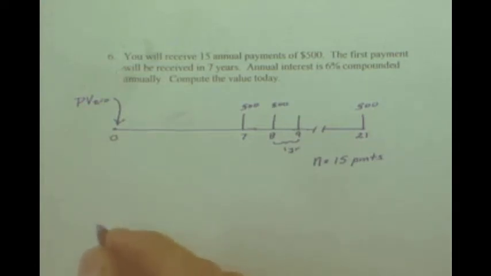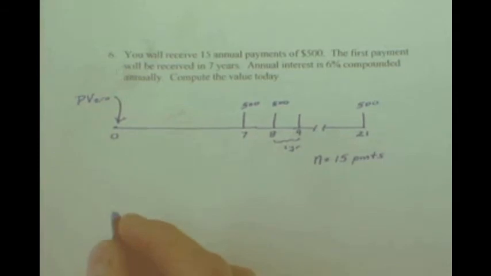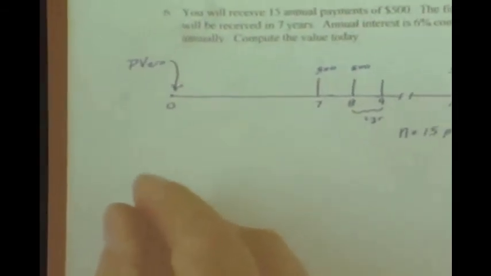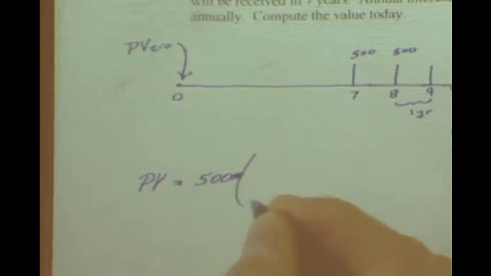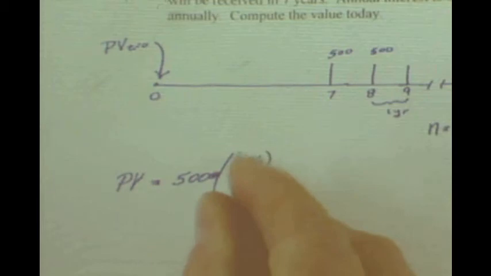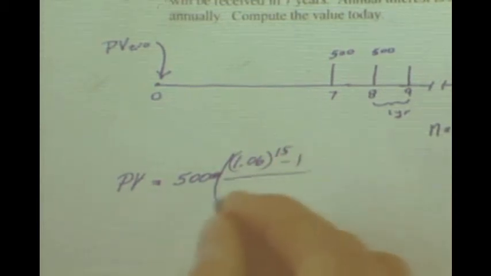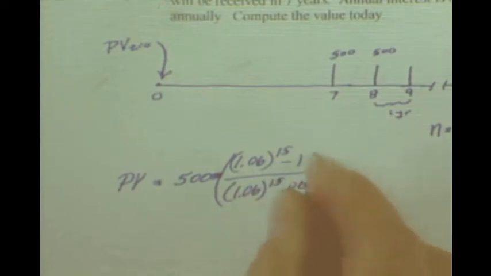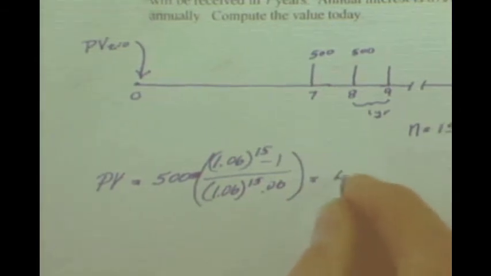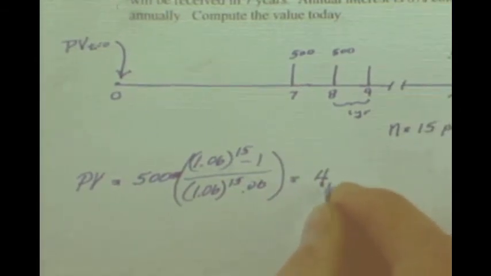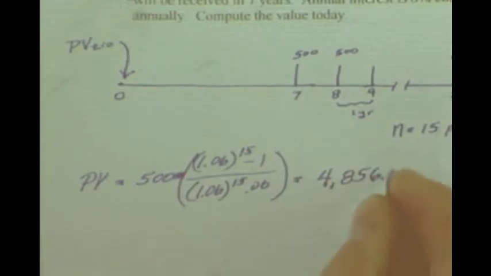So if I use my present value of an annuity equation, I'll get an amount of $4,856.12.